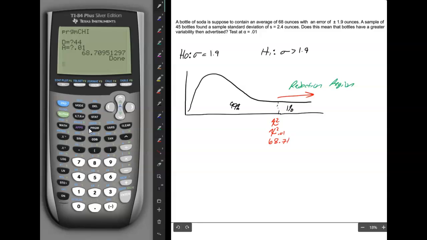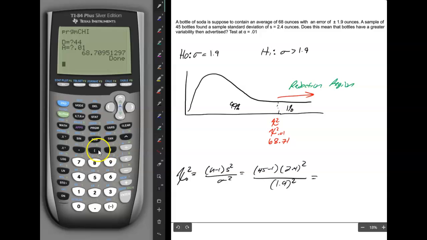Okay, so calculating our test statistic, chi naught squared, which in general is (n minus 1) s squared over sigma squared. In this case, it's going to be (45 minus 1) times s, which is 2.4, squared, all over 1.9 squared.